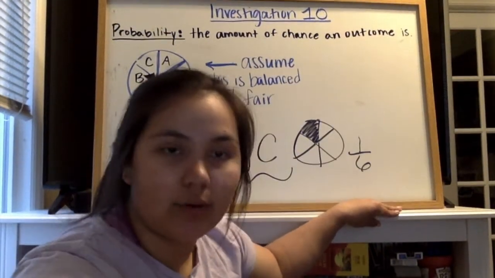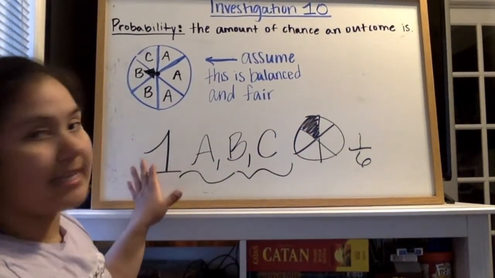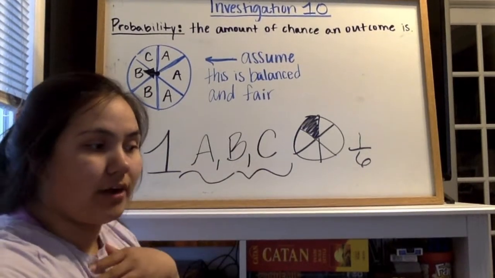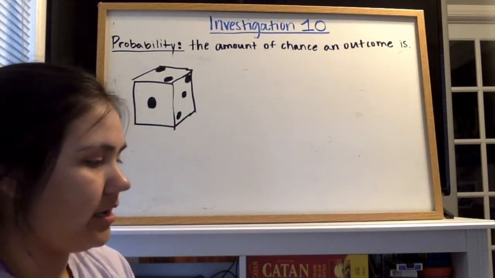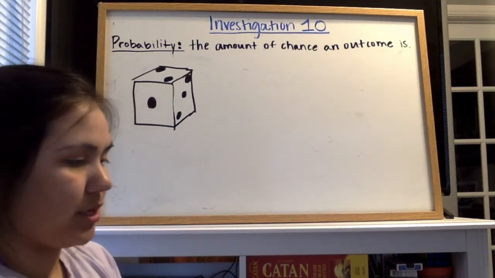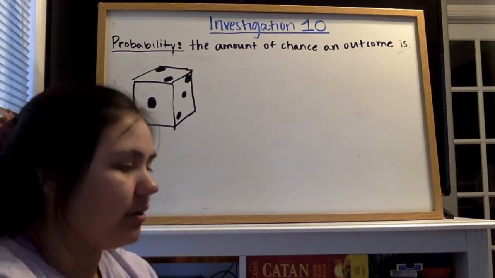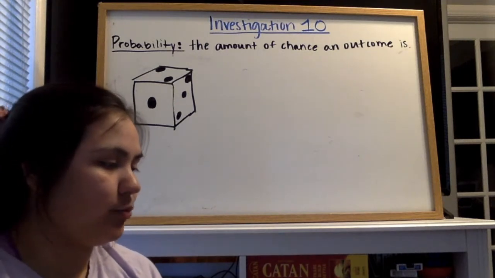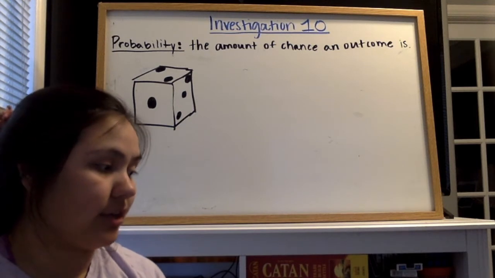All right, we have a new picture to deal with. Instead of a spinner now, we're going to move on to a dice. Okay, I just drew the same cube that's in your book. Okay, now number 11 asks you what numbers are represented by the dots on the faces of a dot cube.